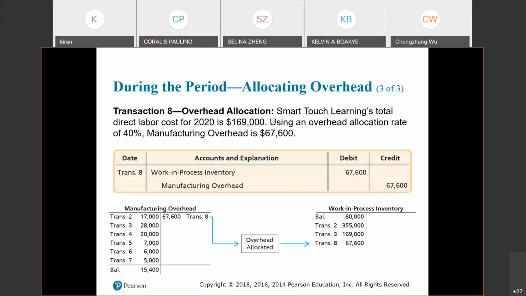So we need to make the journal entry like this. For the debit account, we need to debit WIP inventory. And for the credit account, it is manufacturing overhead. We need to credit the manufacturing overhead account for the same amount of money.